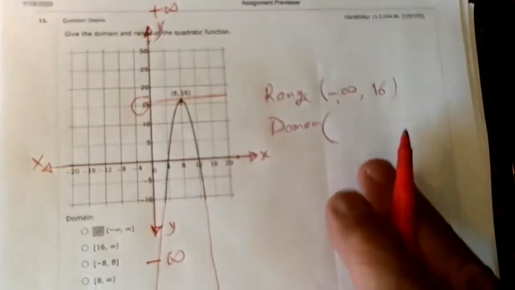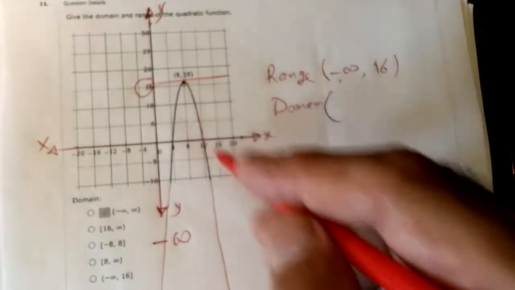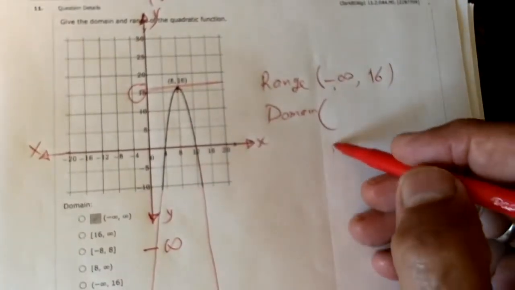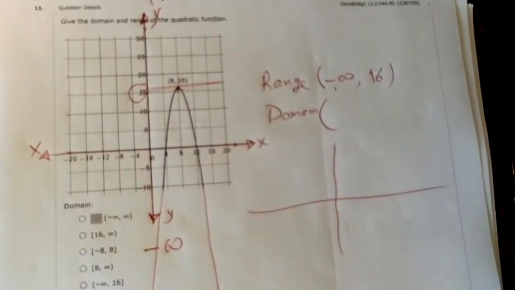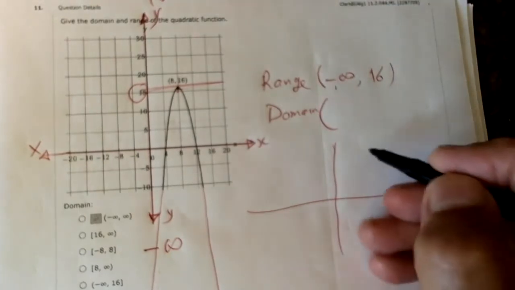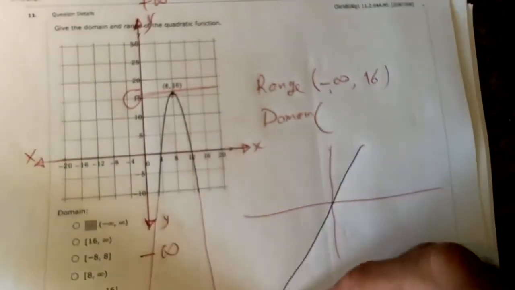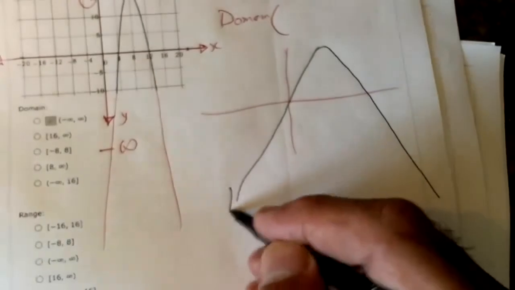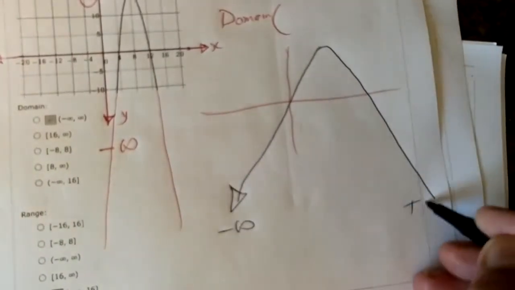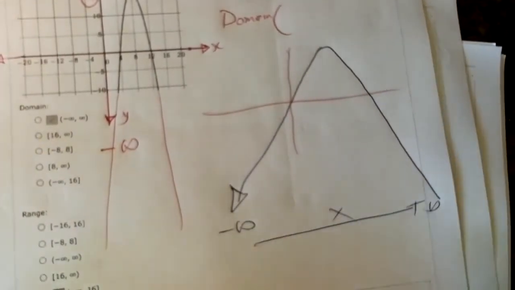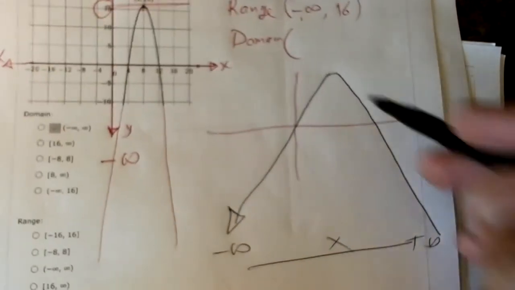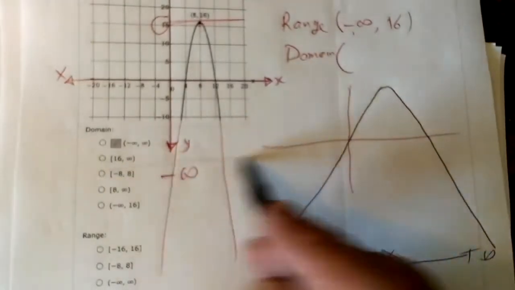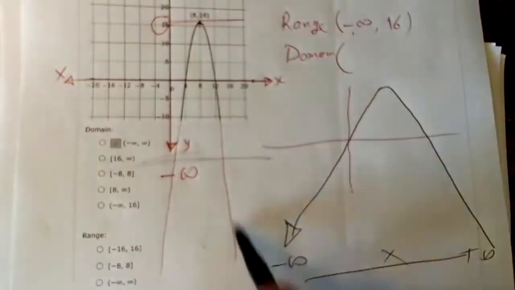x goes all the way, you know, if I want to exaggerate this, you see something like this. x goes all the way to negative infinity and positive infinity, okay? The graph always goes to positive, and you know how it stands? This is always the x, and this is the y.